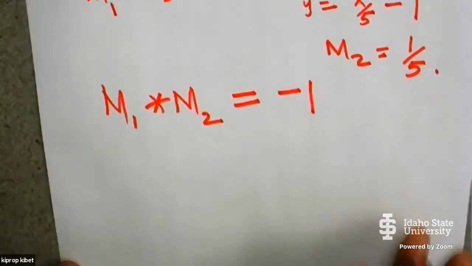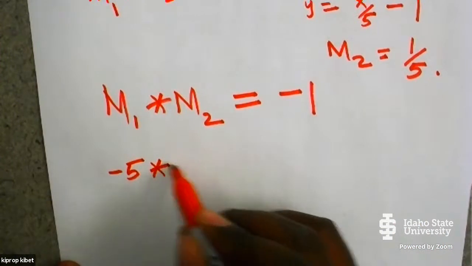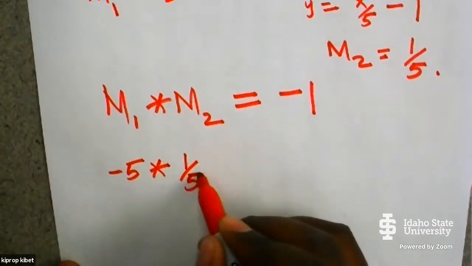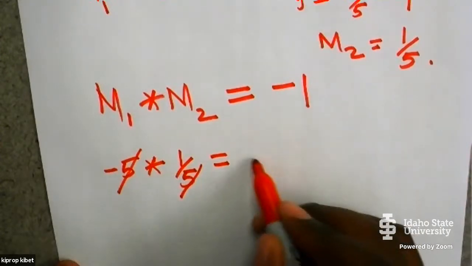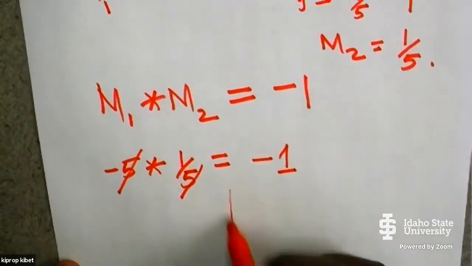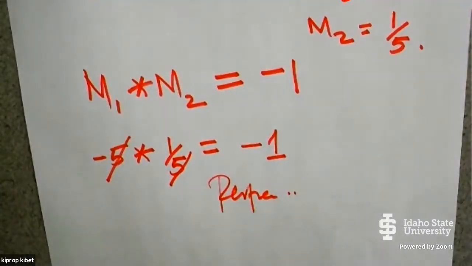So let's check. m1 is -5 multiplied by m2, which is 1 over 5. What is it giving us? It's -1. So this is what? That's perpendicular. That's how we check whether lines are perpendicular.